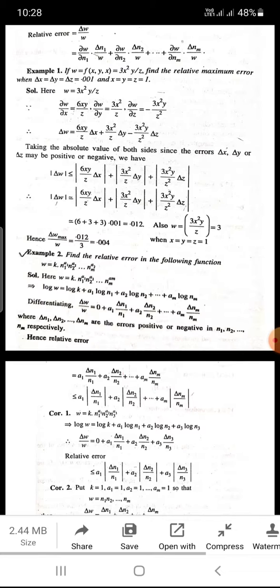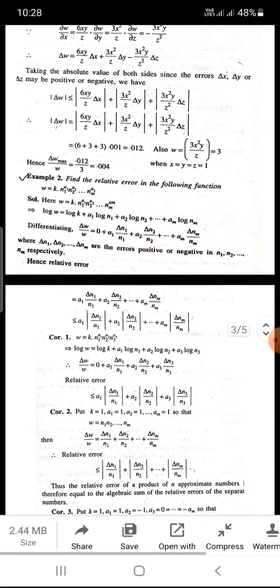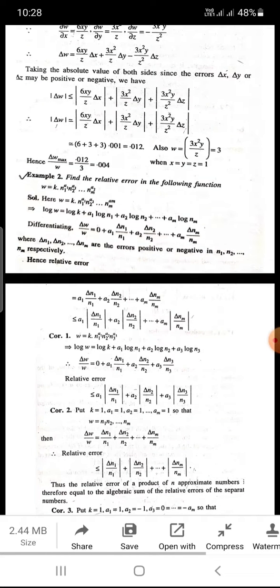So log w will be equal to log k plus a1 log n1 plus a2 log n2 plus am log nm. So if we differentiate this equation, we can say that delta w upon w is equal to 0 plus a1 into delta n1 upon n1 plus a2 into delta n2 upon n2 plus am into delta nm upon nm, where delta n1, delta n2 up till delta nm are the errors, positive or negative, in n1, n2 up till nm respectively.